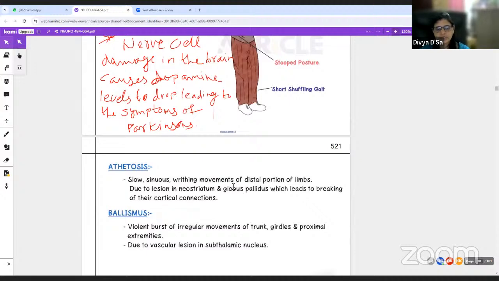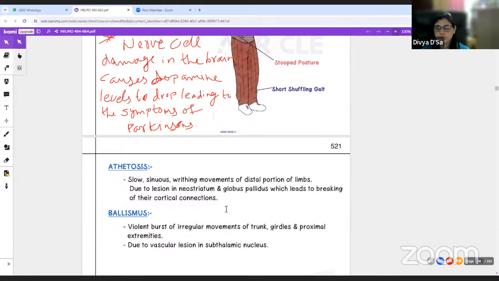Athetosis is slow, sinuous, writhing movements of the distal portion of the limbs. It is due to a lesion in the neostriatum and globus pallidus, which leads to breaking of their cortical connection. They keep having involuntary movements, as if they are always dancing.